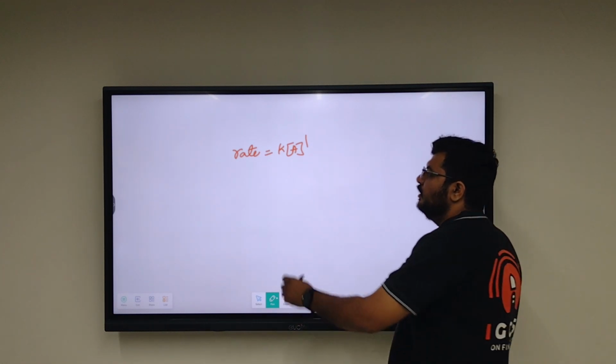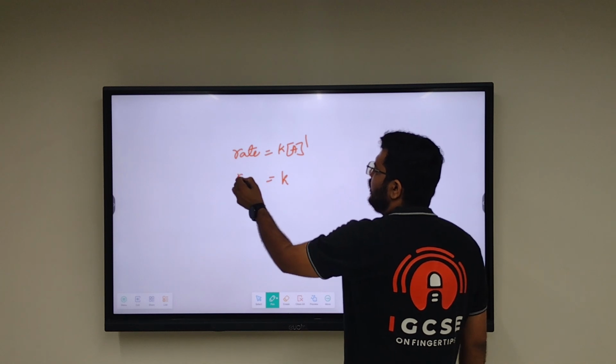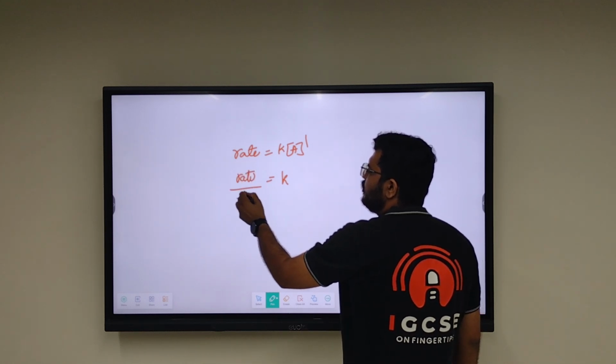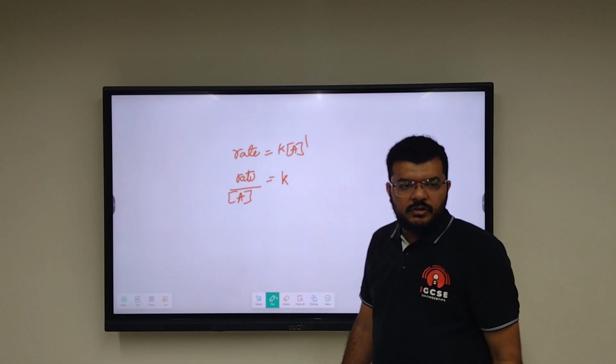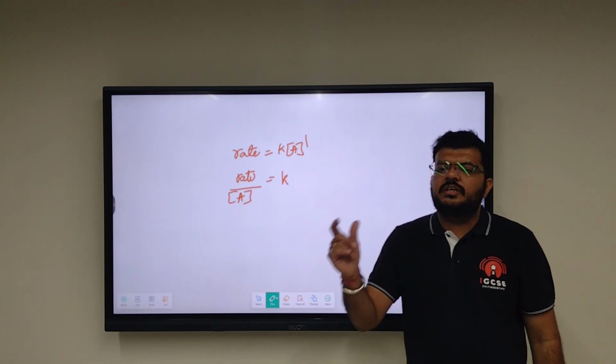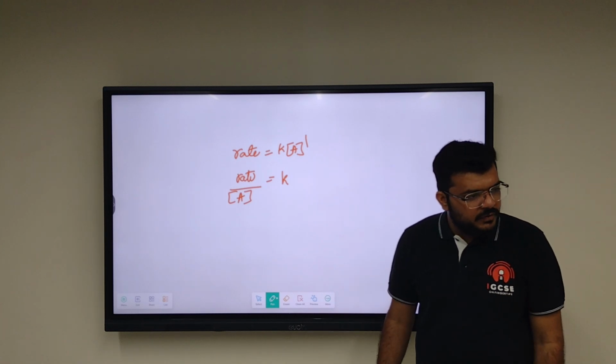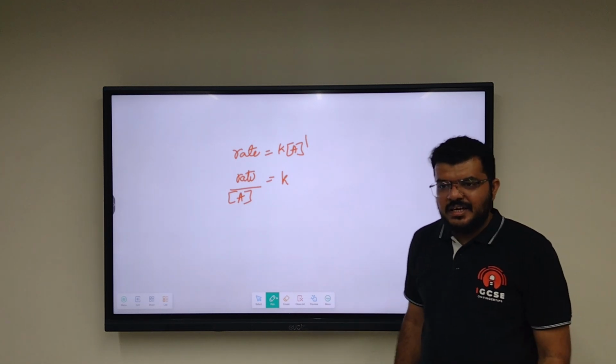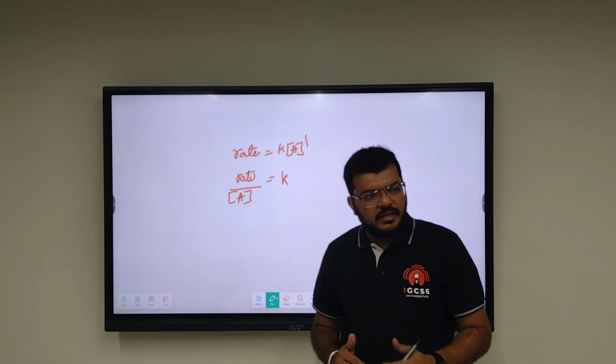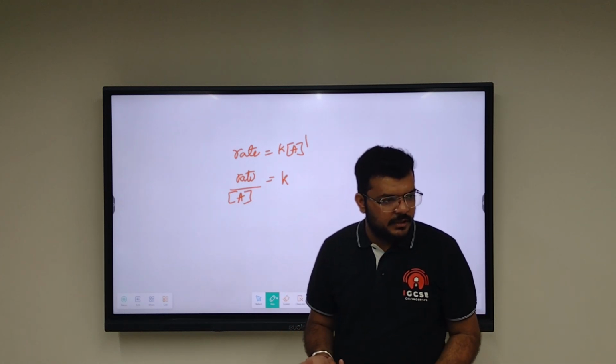Now if you want to find the value of K, you have to write rate upon the concentration of A. You will take the initial rate of reaction and initial concentration, and you can easily find the value of K. This K is a constant, but it may be a different number for every reaction.